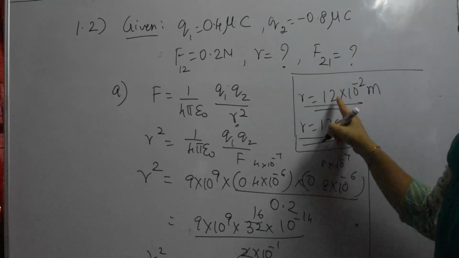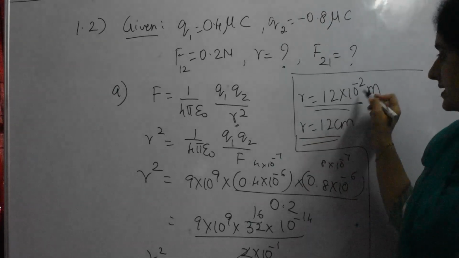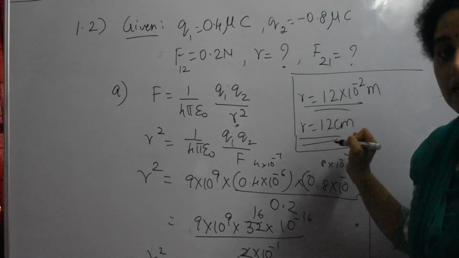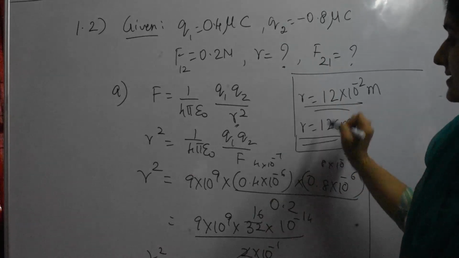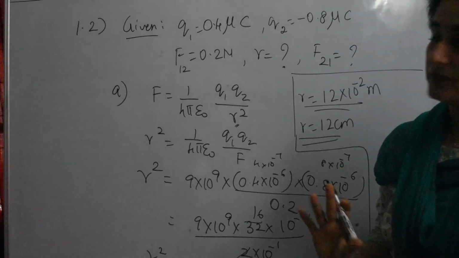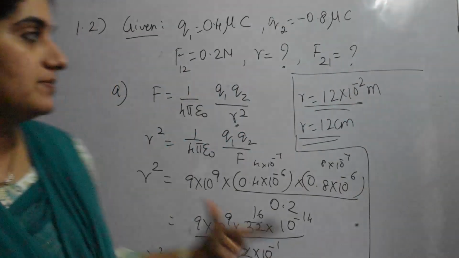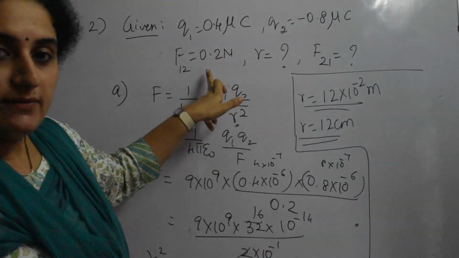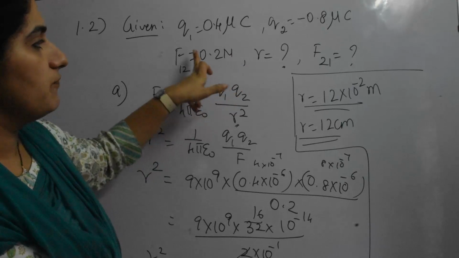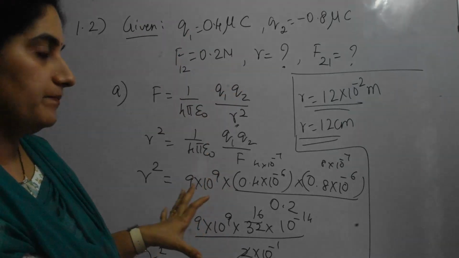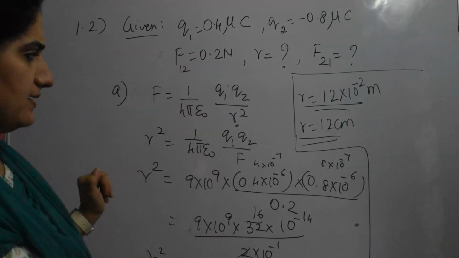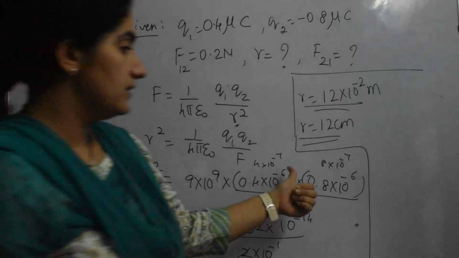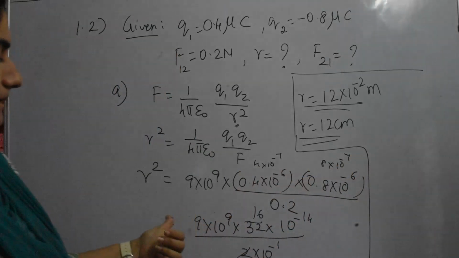Either you can stop here or you can write this also, because 10 to the power minus 2 meter is nothing but centimeter. So R is 12 centimeter. So this is the distance between two charged spheres which are experiencing a force of 0.2 Newton. I hope it is clear. The simple one. Be careful with the exponential.